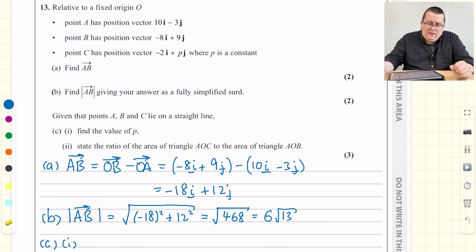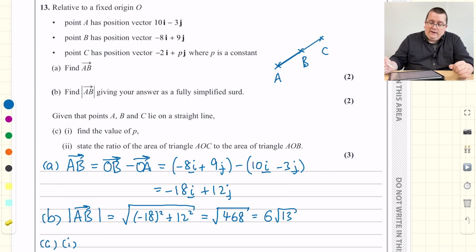Okay, so if they all lie on a straight line, then AB and AC must be parallel. Okay, so think of it like you've got these 3 points that lie on the line. So let's say that's your A, B and C. So AB and AC, these must be parallel, right? So AB and then AC.